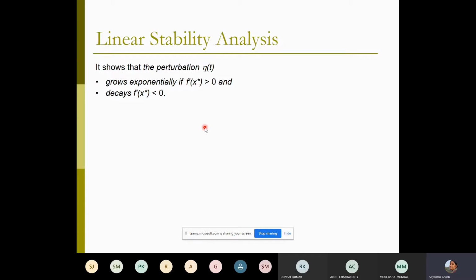We are yet to discuss how it will change its form when we move from one variable to multivariable systems, where maybe x, y, z, three variables would be there, and we will study equations where x dot, y dot, z dot, all three of them will be specified and coupled with each other.